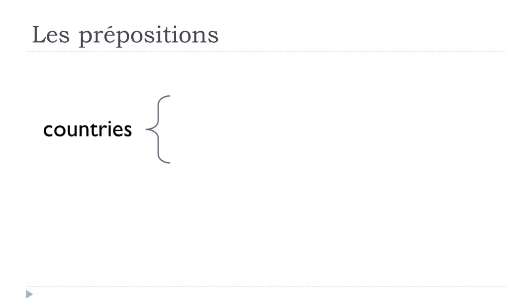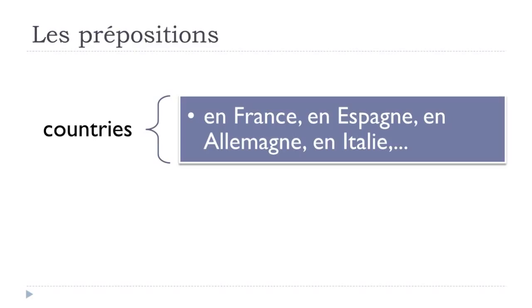Let's see now for the countries. As we saw in the previous lesson, we've got the difference for the countries between the masculine, the feminine, and the plural countries. In many cases, when the country ends with this vowel, it will mean that it is feminine.